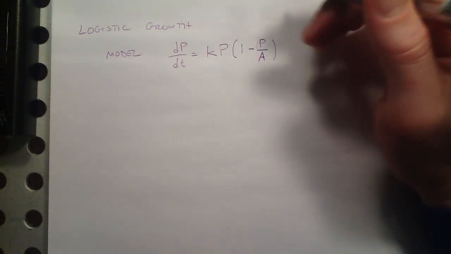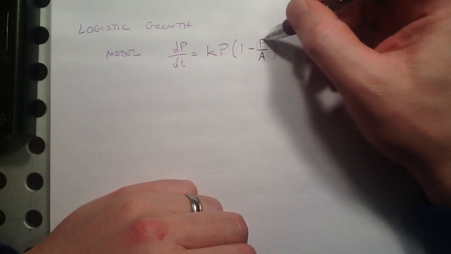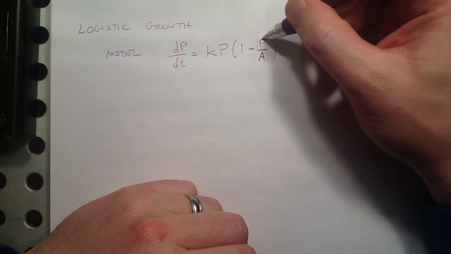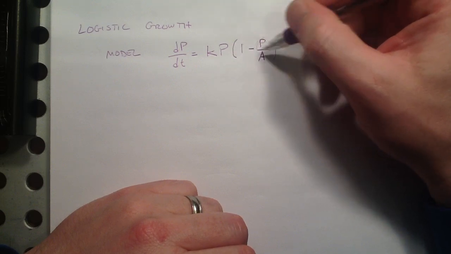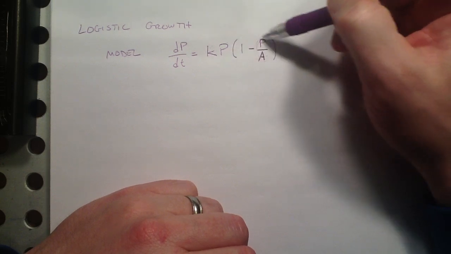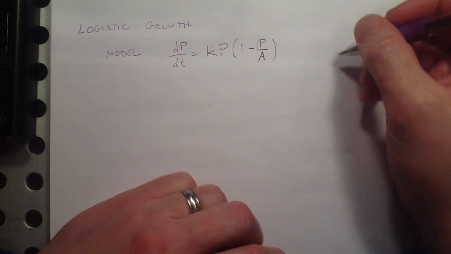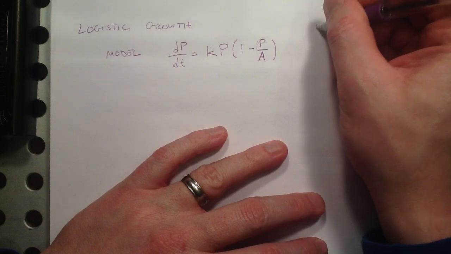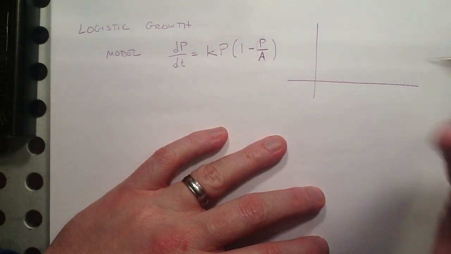So it starts out like exponential growth when P is very small, and then it flattens out as this gets closer and closer to 1, and therefore this gets closer and closer to 0. It doesn't matter how big your population is, if this becomes very close to 0, it's going to drive the slope down to 0. What this looks like, and this is very important to understand, is something like this.